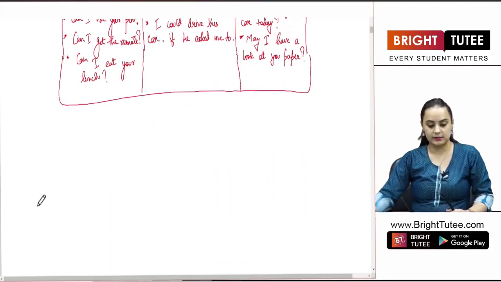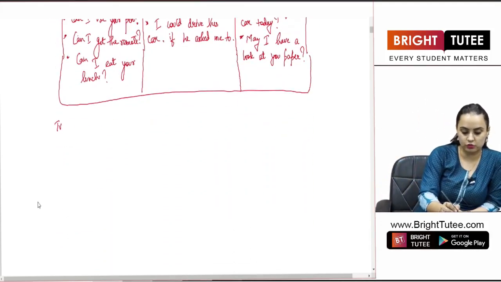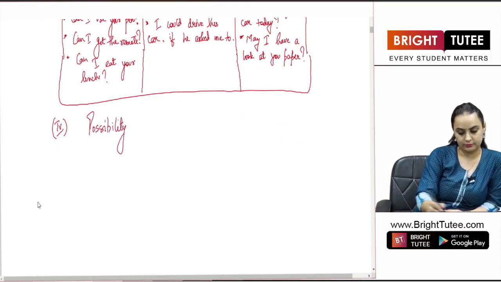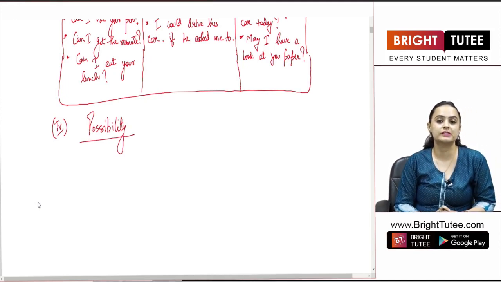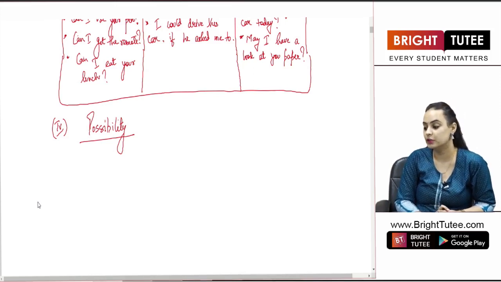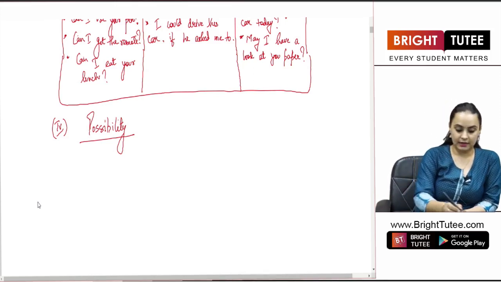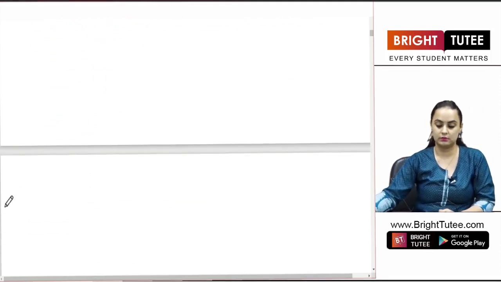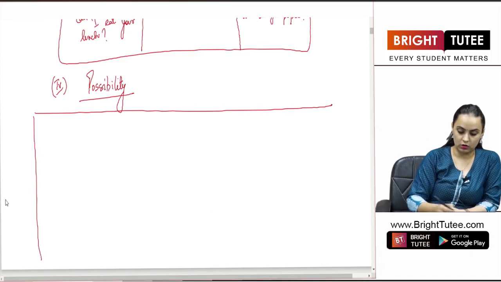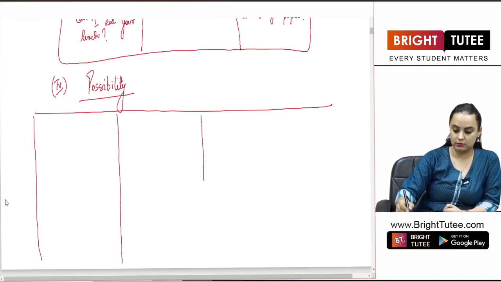The next expression is possibility. How strong are the chances of something to happen? How strong are the chances for something to take place? Now there are four modals that we can use to talk about possibility.